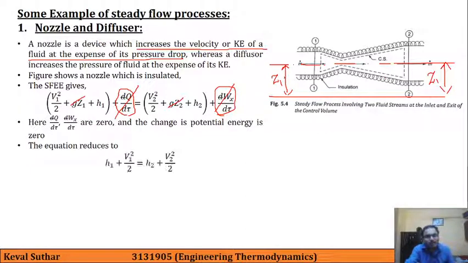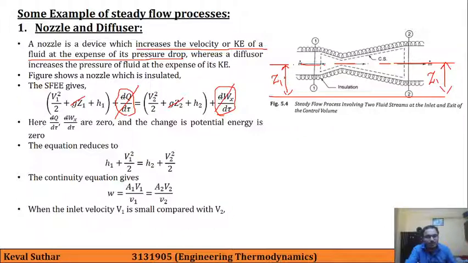So we are only left with this formula, that is h1 + V1²/2 = h2 + V2²/2. The continuity equation gives us this formula, that is W = A1V1/v1 = A2V2/v2. Now the inlet velocity is small compared to V2.